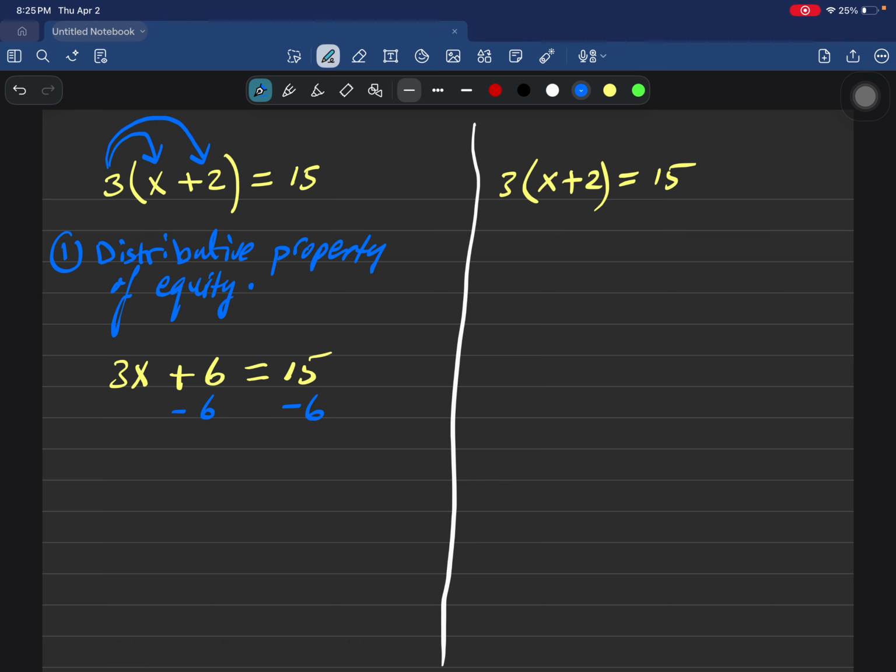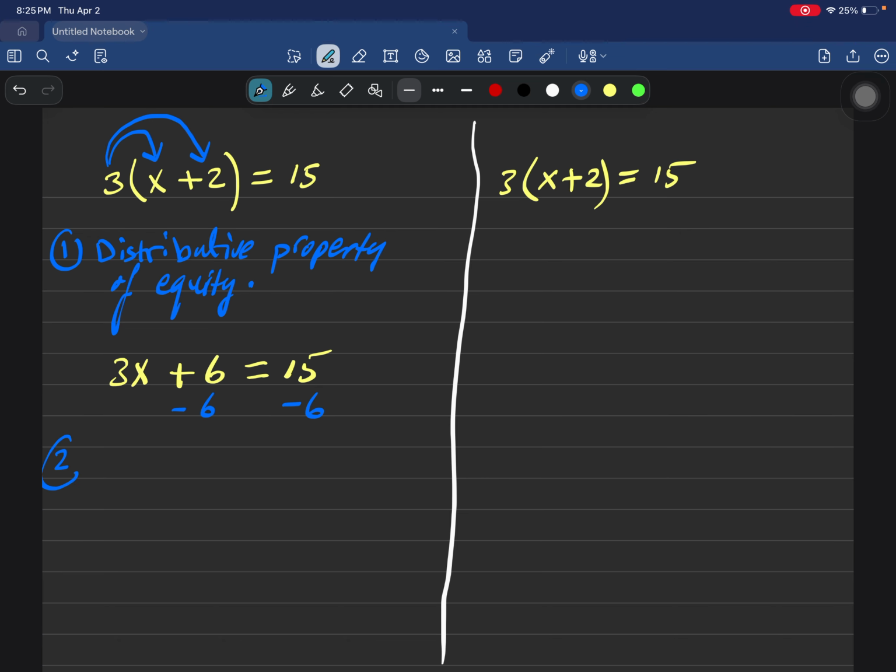The second step, we need now to subtract 6 from both sides, and this property we call in math the subtraction property of equity. Now, when we have 6 and negative 6, we cancel them together. 6 minus 6 equals 0.